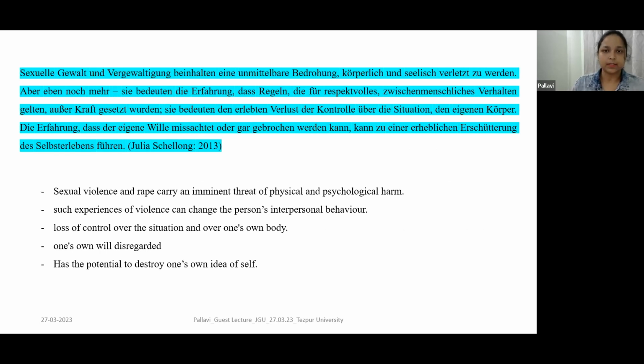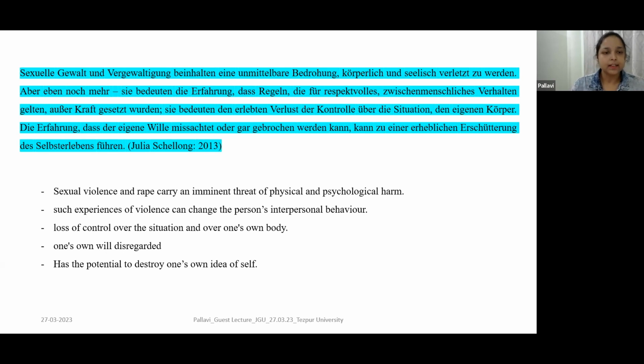Now I would like to also read this quote, which I have in the German language, but I have tried to simplify it and put it in English. Julia Shalom is also trying to explain rape and sexual violence against women from the perspective of the victim.